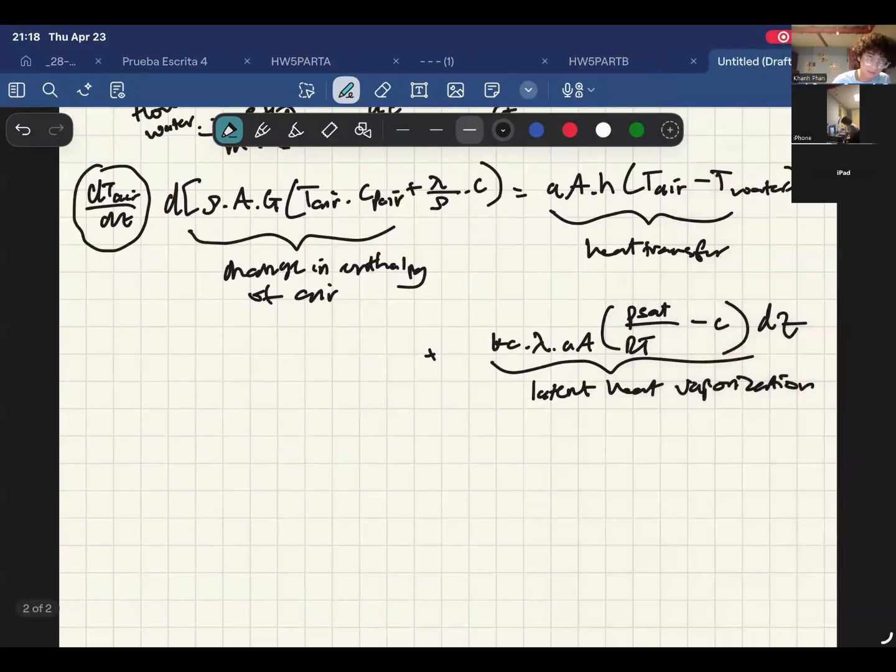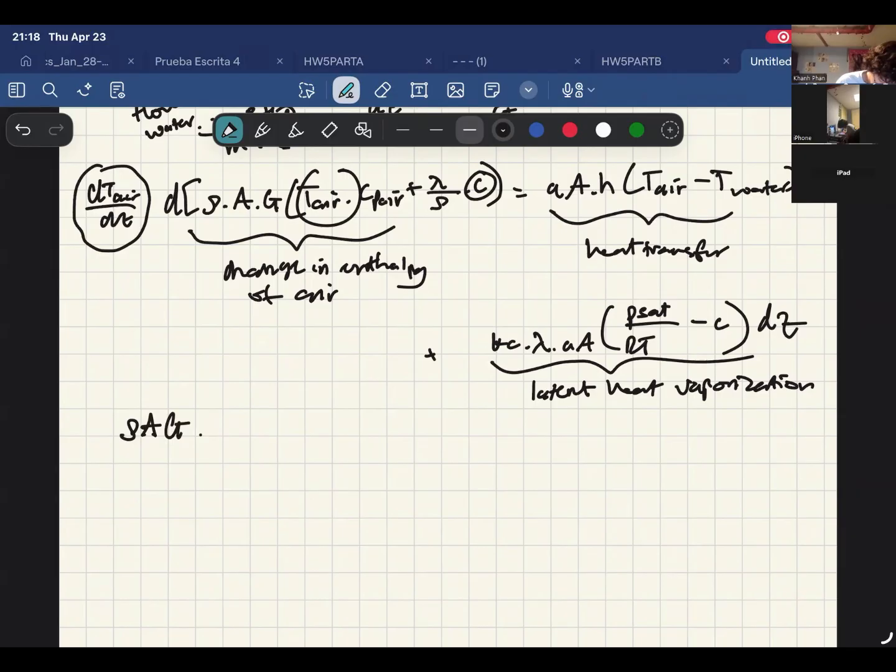Now we're gonna rewrite this equation, okay? We're gonna simplify it. So we know that over here, these are all constant except T air and concentration. So we're gonna take them out of the bracket. So we'd have rho A G times dT air times Cp air, heat capacity of air, plus lambda over rho times dC.